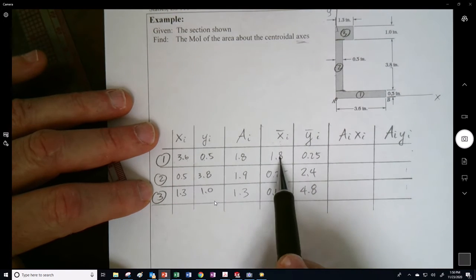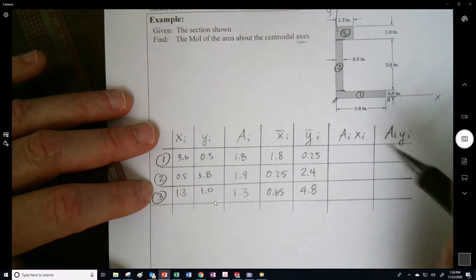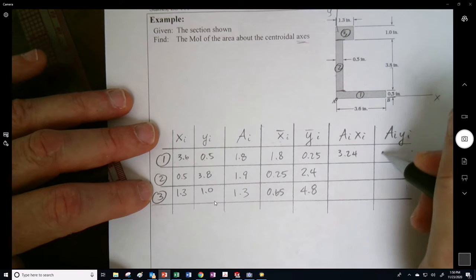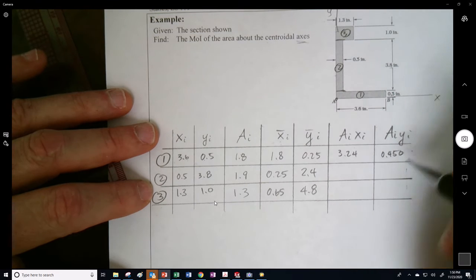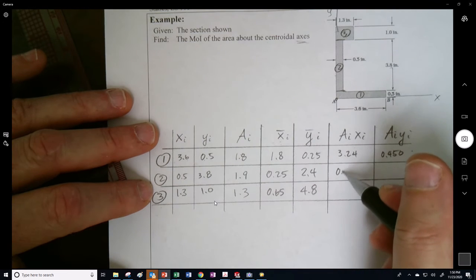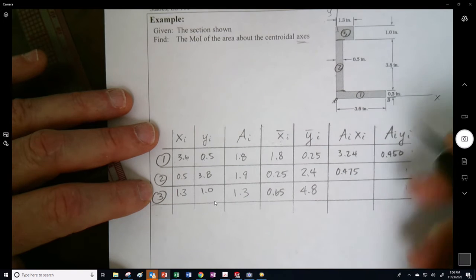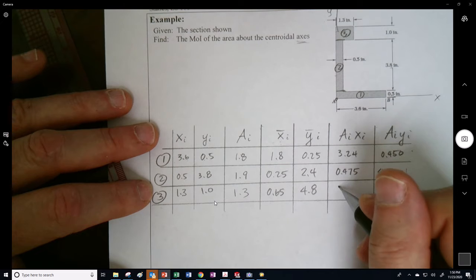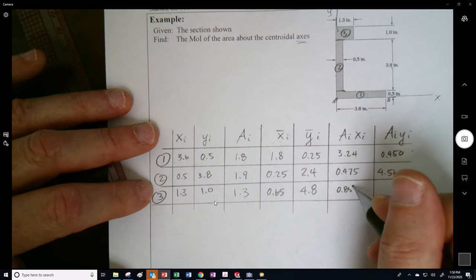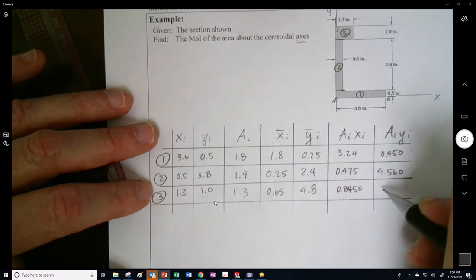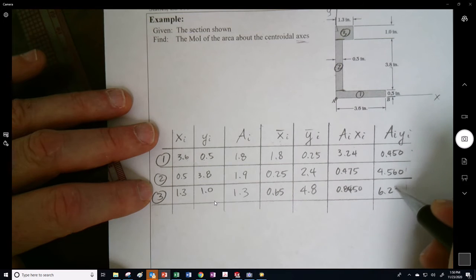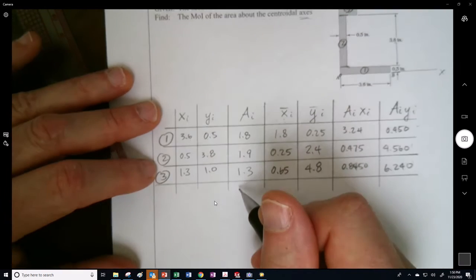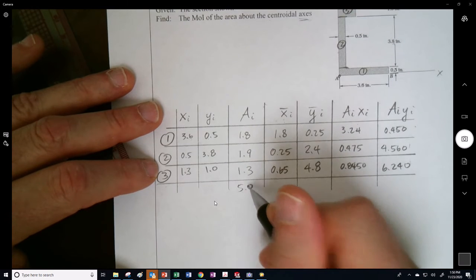Then you multiply that one times that one to get there, and so forth, right? So 3.24, 0.450, 0.475, 4.560, 0.845, and 6.240. Now add up the areas, and you get 5.0.